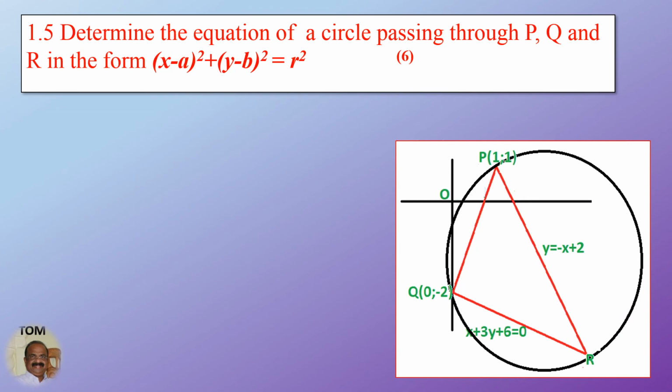Question 1.5. Determine the equation of a circle passing through P, Q and R in the form (x minus a) whole square plus (y minus b) whole square is equal to r square. We learned circles in grade 12.